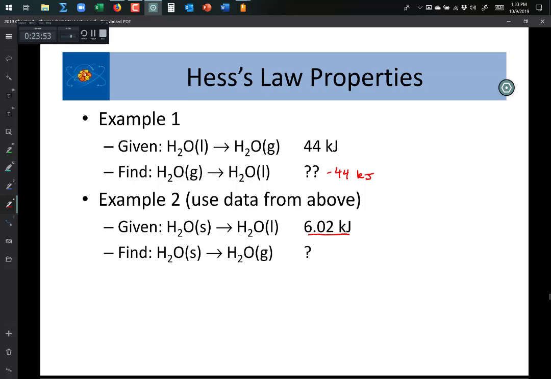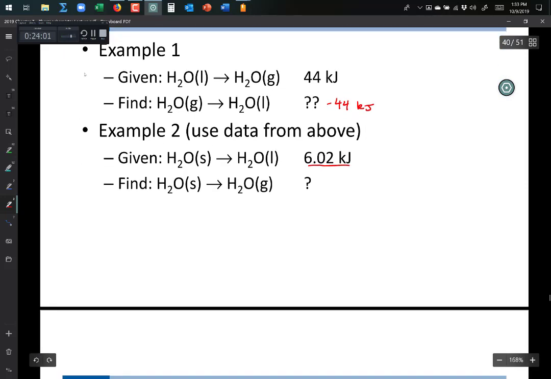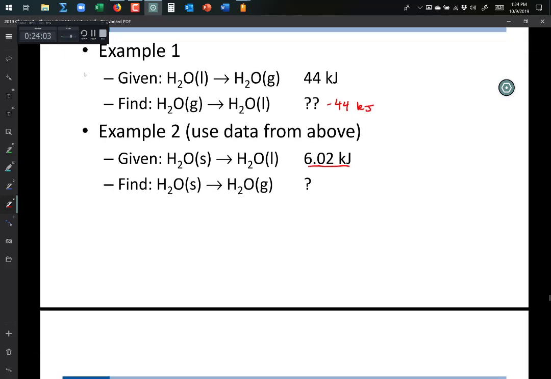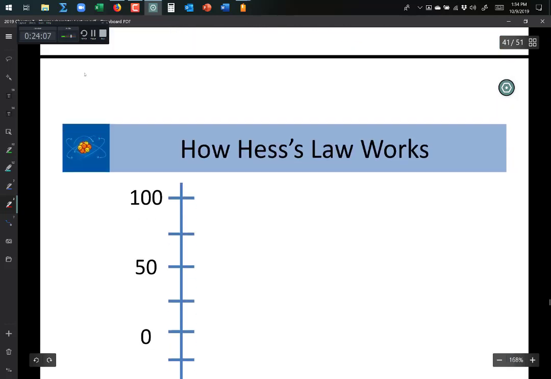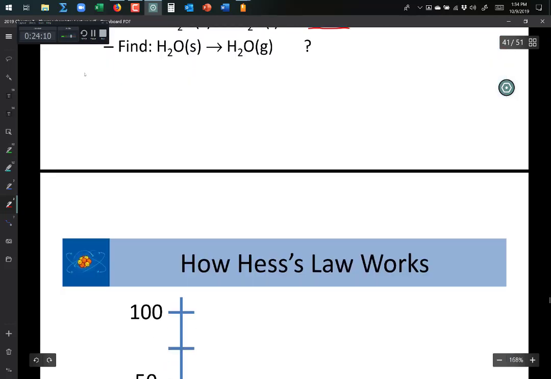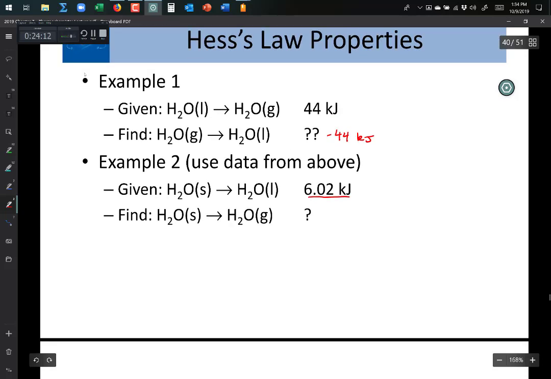You can add them? No, it's not double. Think about it like this. To go from solid to liquid, it takes this much energy.